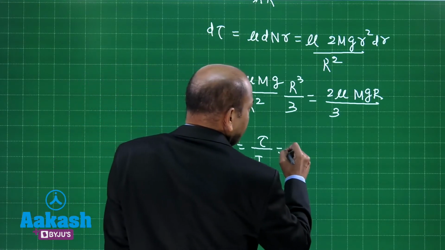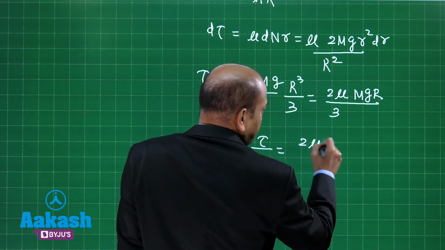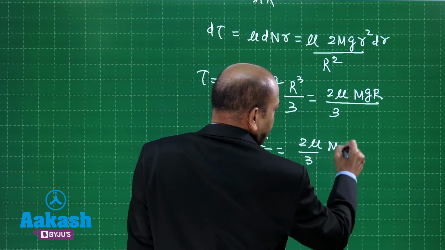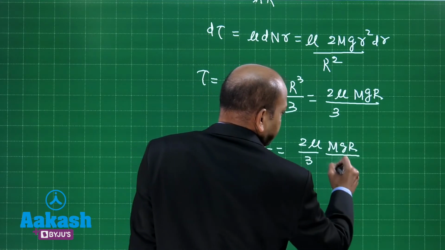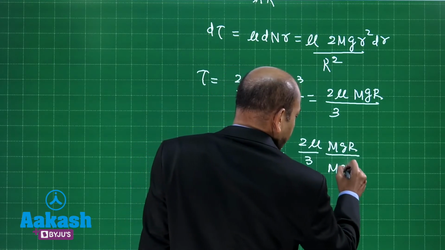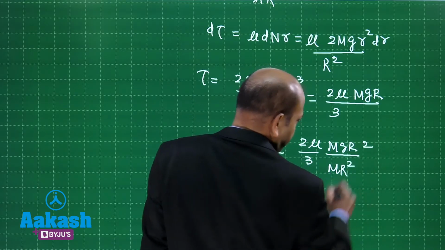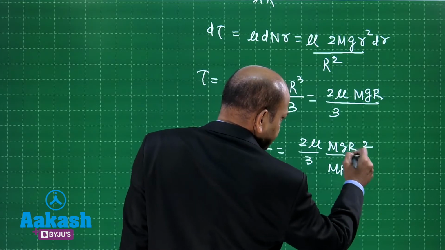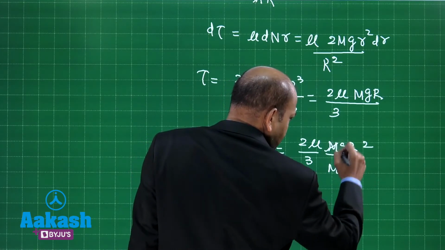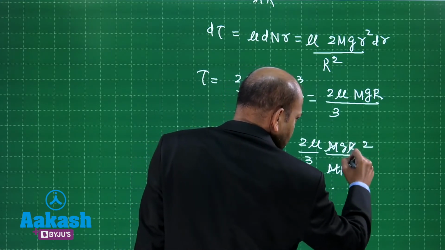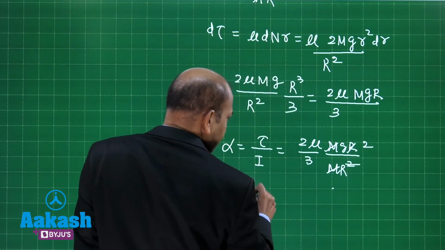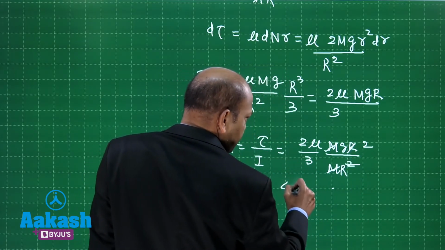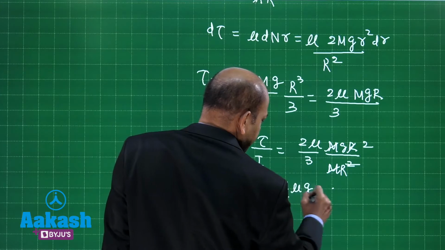So, let us put it now, 2 mu by 3 mg R divided by mR square divided by 2. So, let us cancel what can be cancelled. This m goes off, 1 R goes off, and we find that alpha is coming as 4 mu g divided by 3 R.